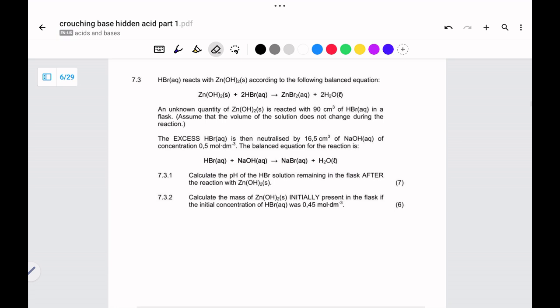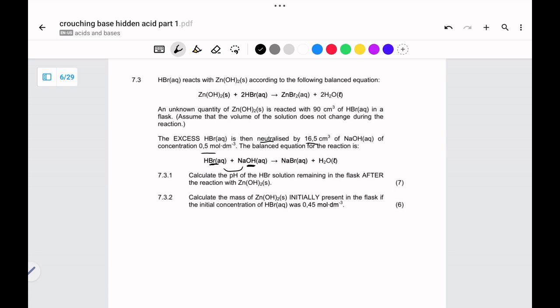If we come over here, we're given a volume and a concentration for this base. That is enough for us to calculate the moles of the base. And this was a neutralization reaction, so whatever moles of the base we have, we can simply mole ratio that to the HBr, and that'll give us the moles of HBr that we had left over after the primary reaction.